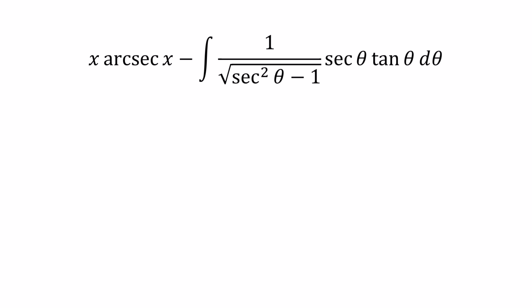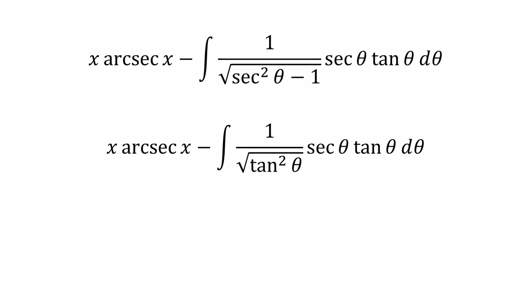Simplifying using the Pythagorean identity then gives x arc secant of x minus the integral of 1 over root tangent squared of theta times secant of theta tangent of theta d theta.